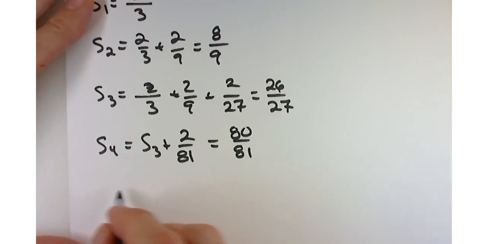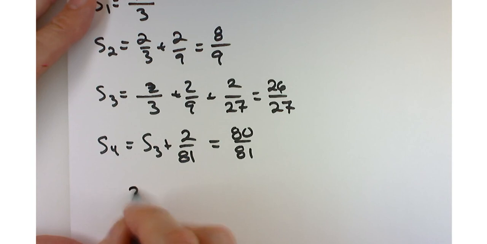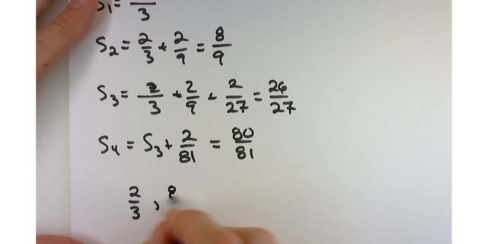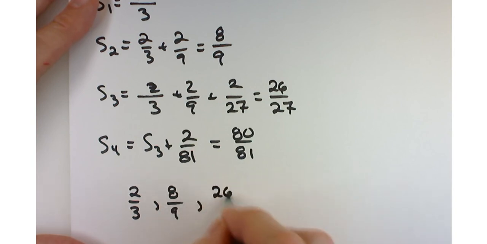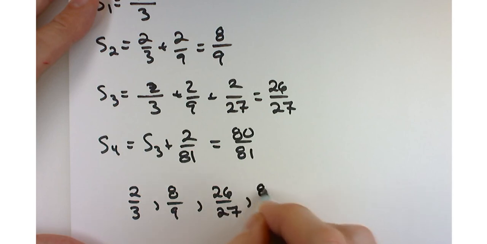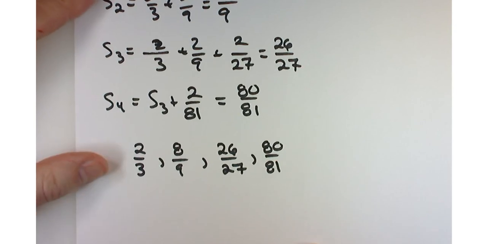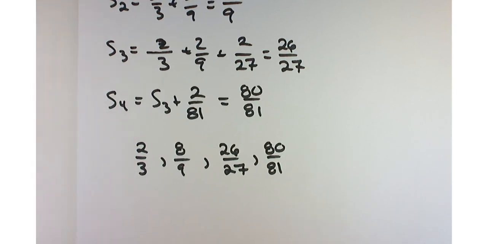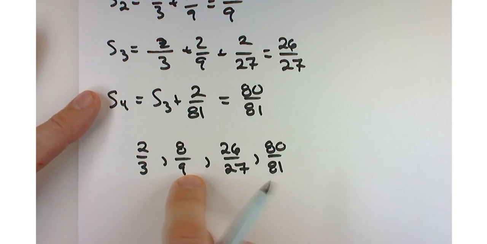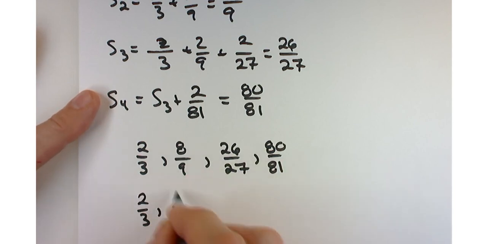All right, so let's look at all these terms. I've got 2 over 3, 8 over 9, 26 over 27, and 80 over 81. We want to find a pattern in all this somehow. One thing I can do, because I recognize something here, is play around with the denominators.